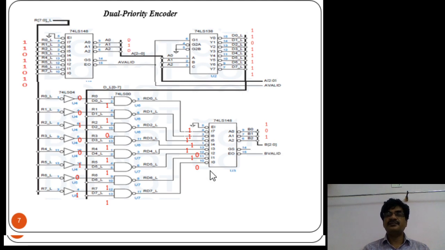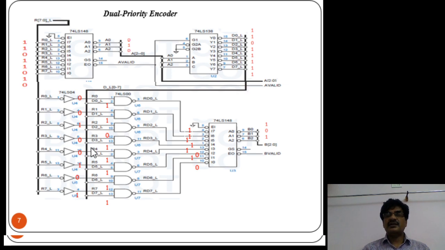This is the input for the first priority encoder, so that the output is 5. While giving the data to the second priority encoder, you need to make the fifth bit position 0. Then only the second priority encoder shows its priority input as 2. To do that, we use an additional network, a 3 to 8 decoder and some NAND gate circuit.